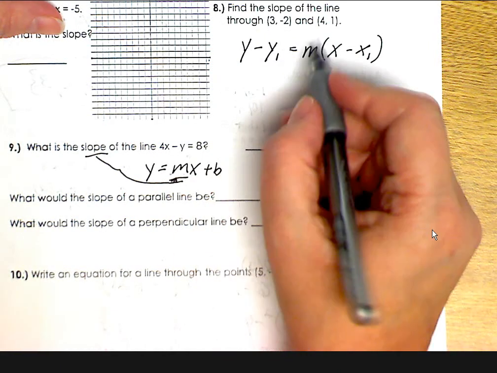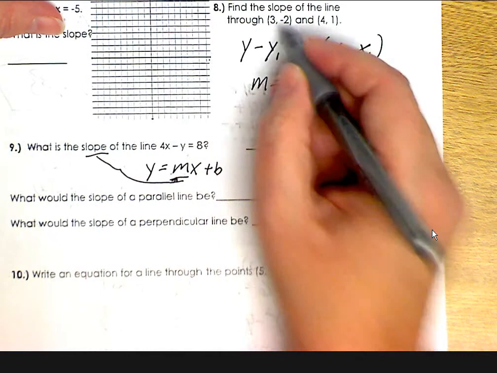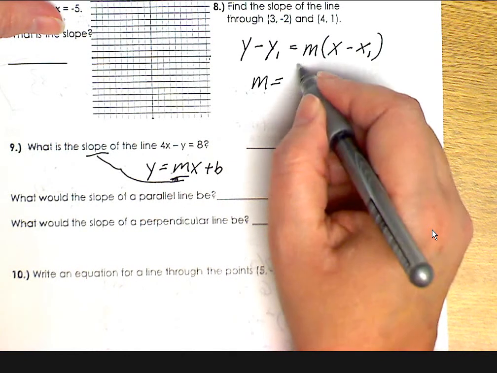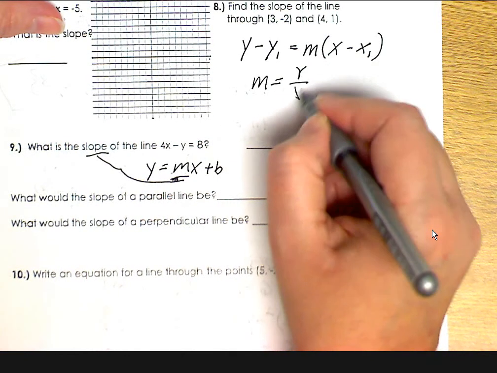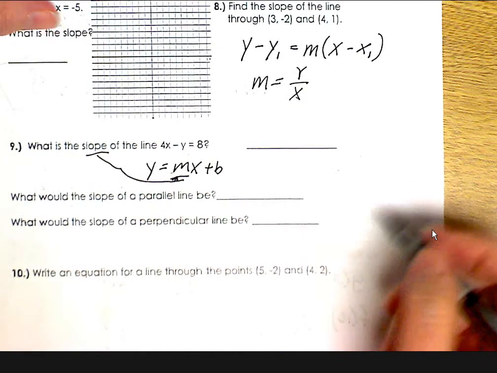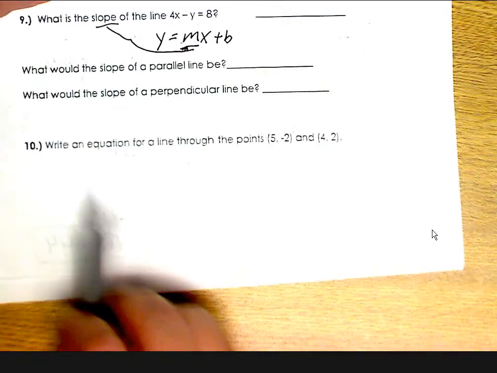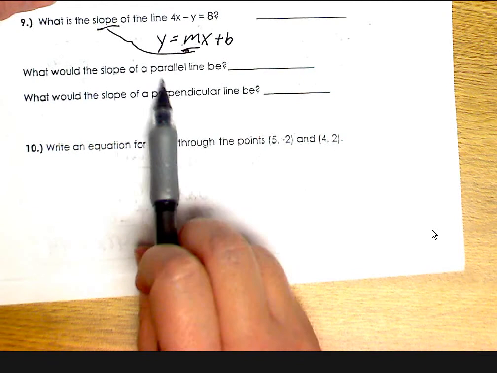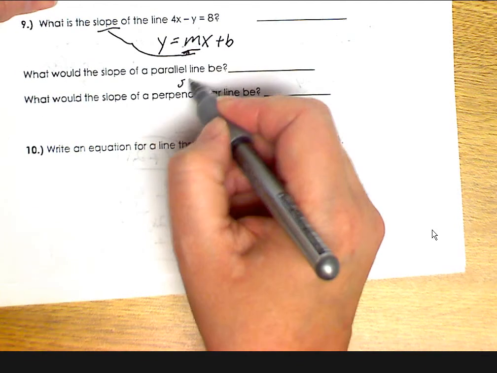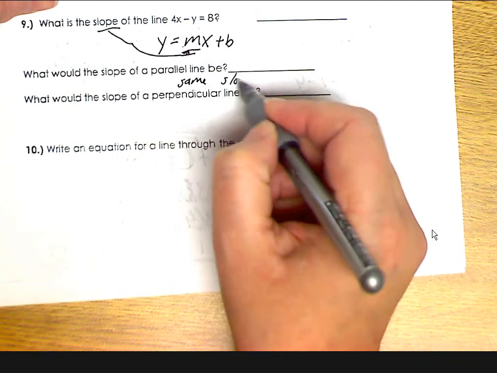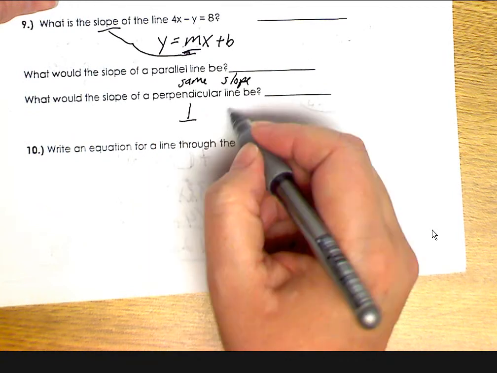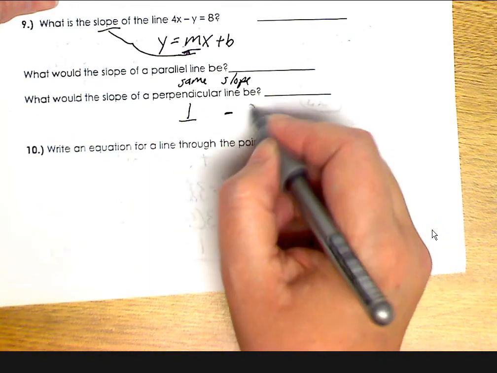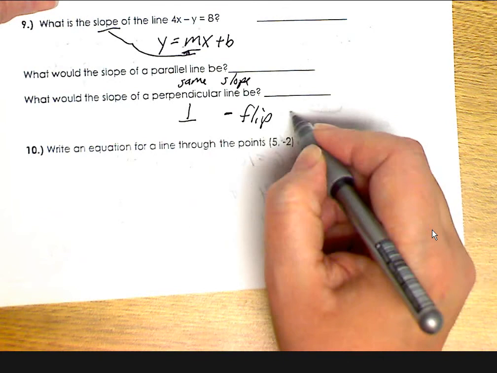And your slope of a line, remember, is your y's subtracted over your x's. Remember that parallel means the same slope. Perpendicular is the negative, and you flip the slope.